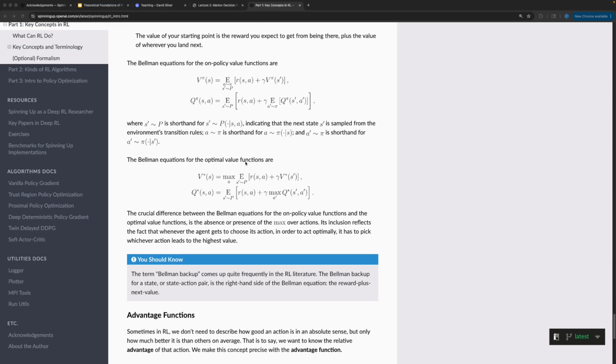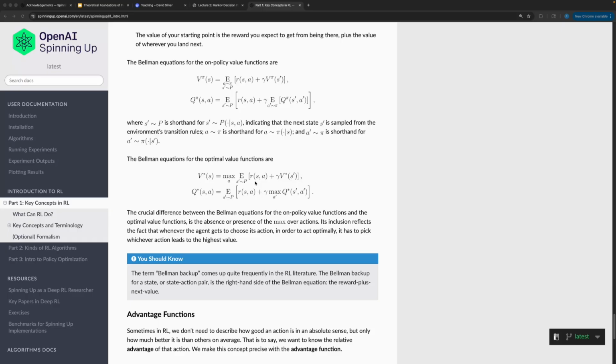For optimal value functions, V star s is, as we saw, the maximum over all actions of Q star sa, and Q star sa we can either write using V star, or it can be written in terms of Q star again.